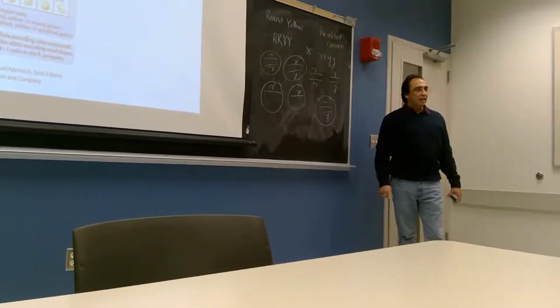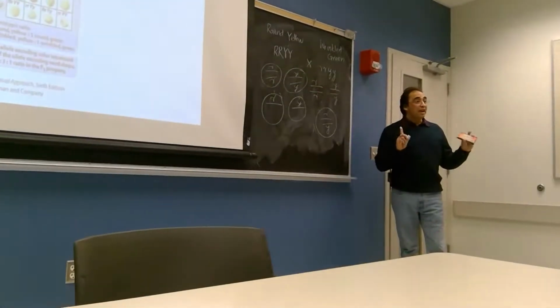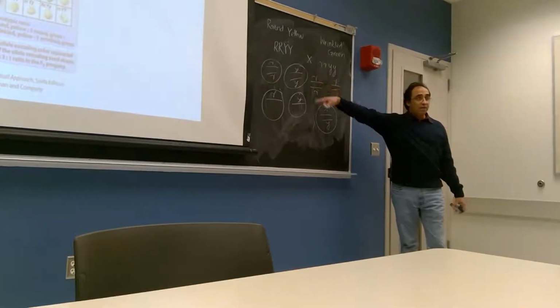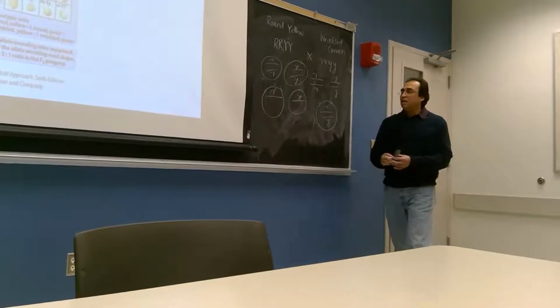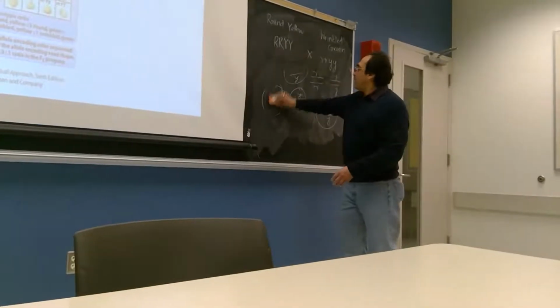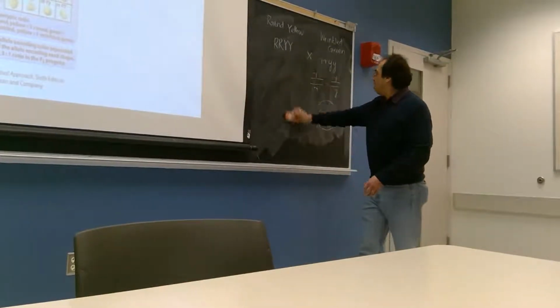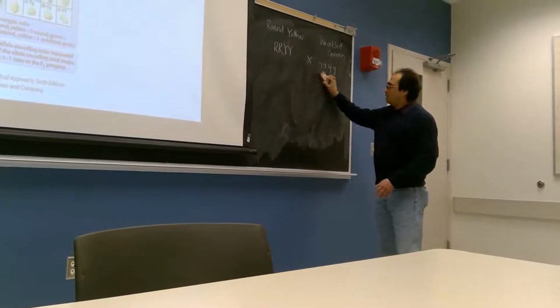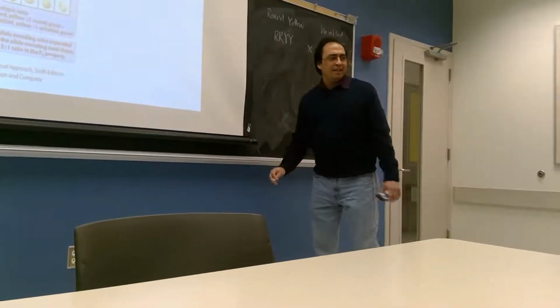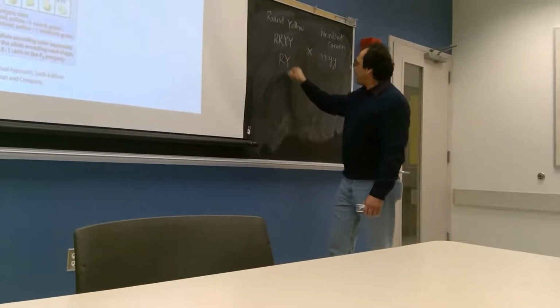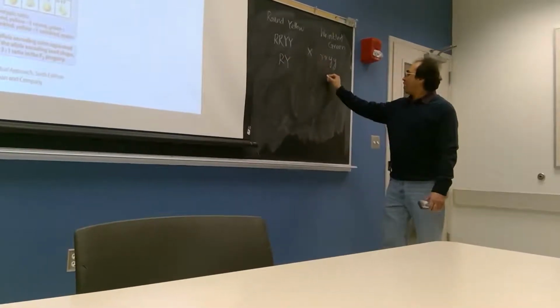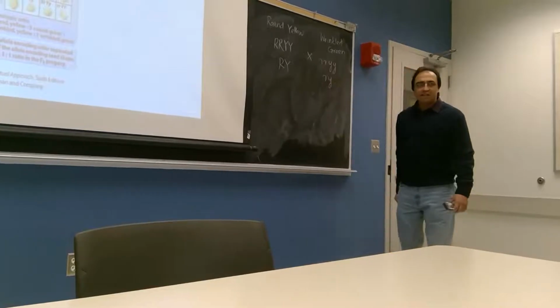Clear? This is the concept you have to be very, very clear about. Otherwise, you will form gametes like mine. So we always think about one set in a gamete. From here we will have one set of gamete like this, and from here another.